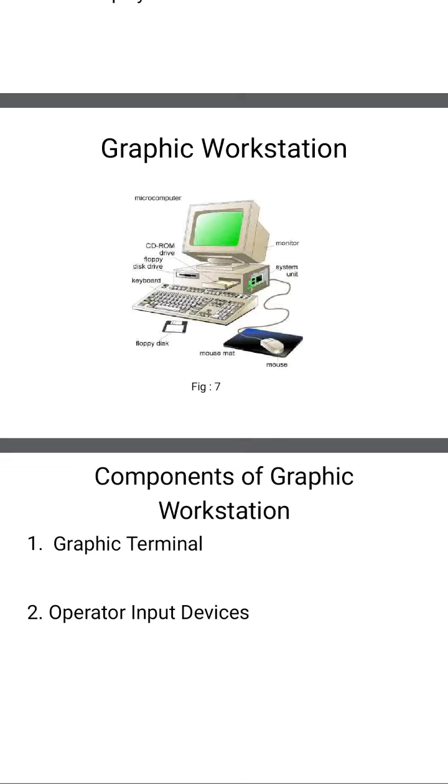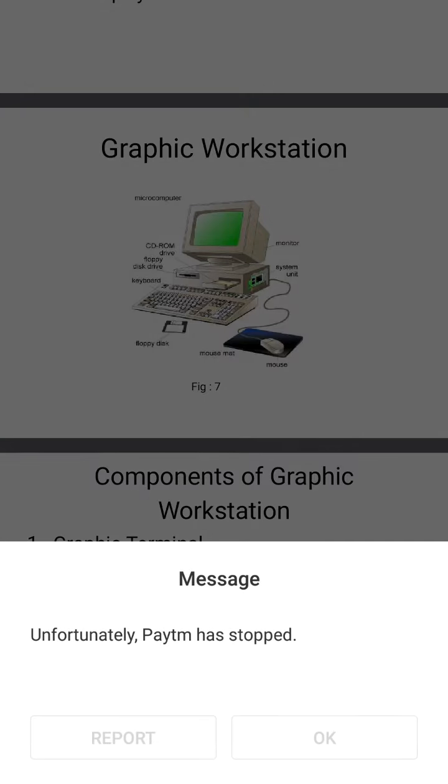Input device means whatever data we feed into the system, and the results we get are called the output device. The graphic workstation is similar to the CAD computer graphic workstations, and they have three key elements.